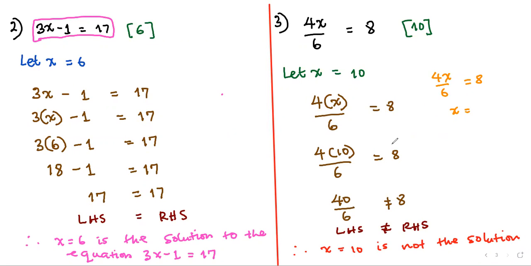What is your name, please? Parita. Parita said that x is 12. Let's find out. What do you get for 4 times 12? 48. Get 48 divided by 6. What do you get? 8. So 12 is the solution. Parita, you are very good. Thank you.